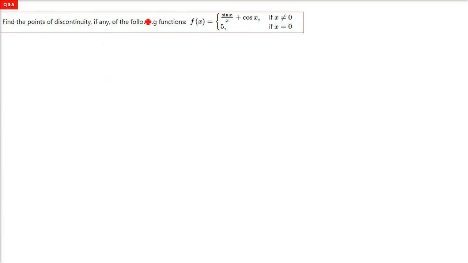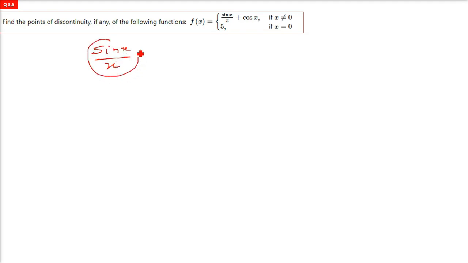Find the points of discontinuity, if any, of the following function. So this also we are going to do in the same way. Just remember, when we have various functions which are continuous by themselves, and when we combine them in the form of division, addition, or multiplication, they will still remain continuous, as we discussed in theory.